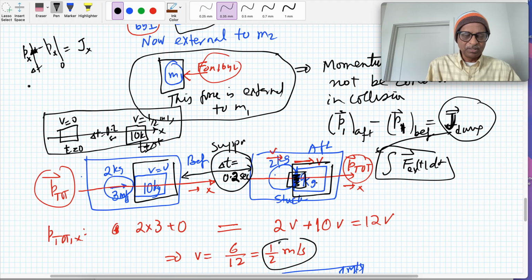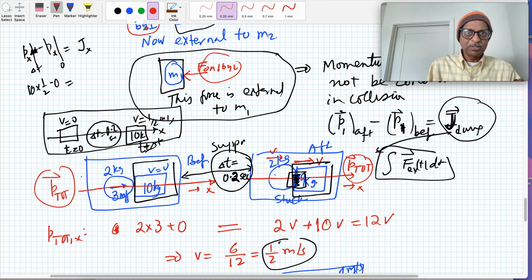So this was 10 times half minus 0, jx equals that, and it took this long. We don't know what the force is, so we can assume the force looks like this, some average force. Assume that 0 to delta t is like that.